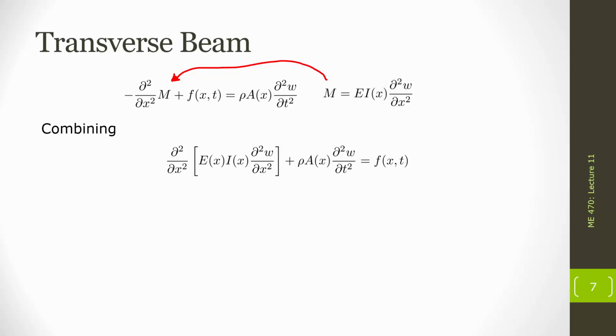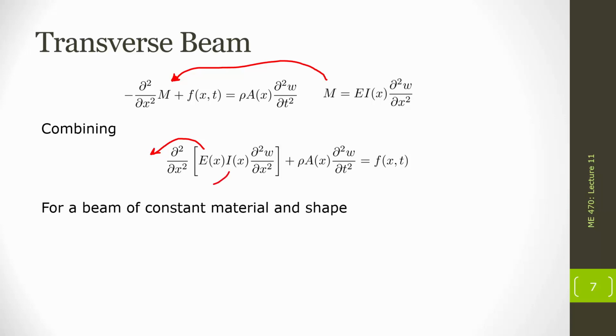At this point, I'm going to make some limitations or simplifications. We're only going to be considering analytically beams that have constant material and constant shape. If my material is constant, this E can come outside of this derivative. For constant shape, this I can come outside. They are not going to be functions of x with this limitation.